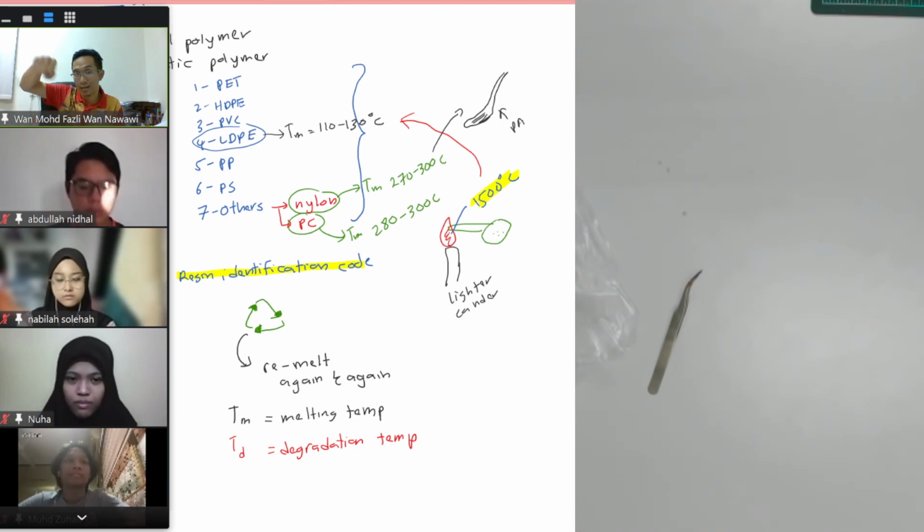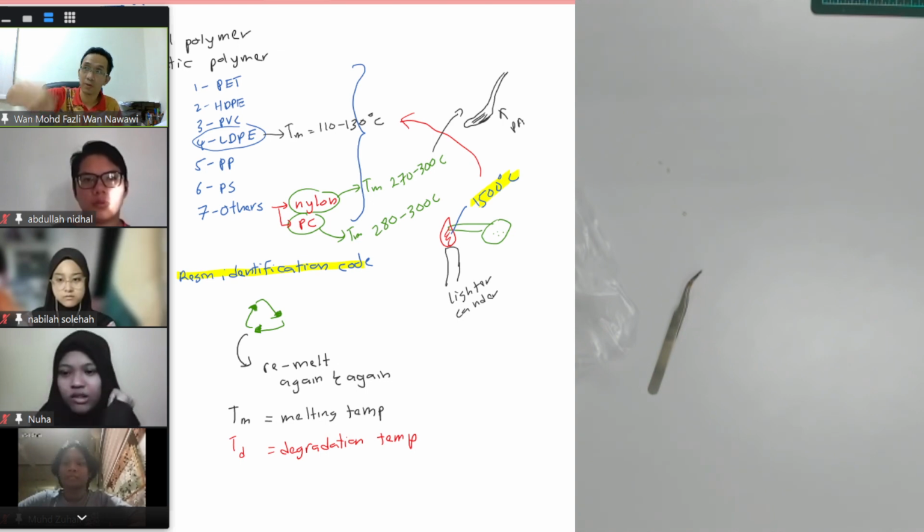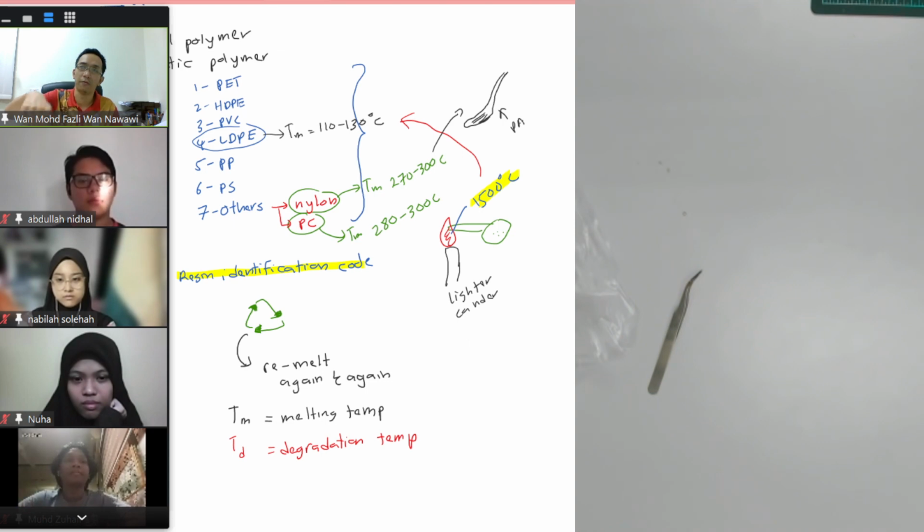So you use this nylon spatula, because it can resist the scorching temperature when you boil or fry something on the pan. That's why people use nylon. People don't use LDPE.